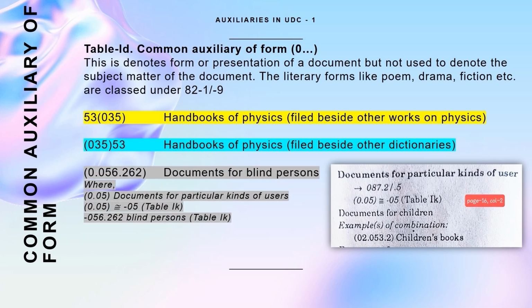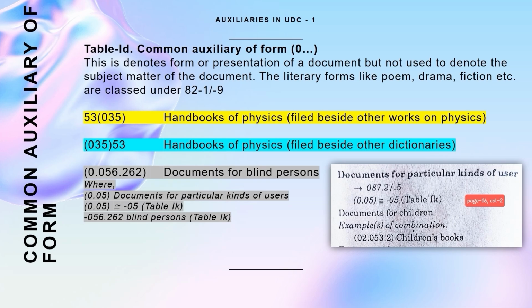Okay. Another example you will see on page 16, column 2: documents for a particular kind of user. Here is an instruction: within parenthesis (0.05) subdivided as -05, that is the person table. So these are documents for a particular kind of user.